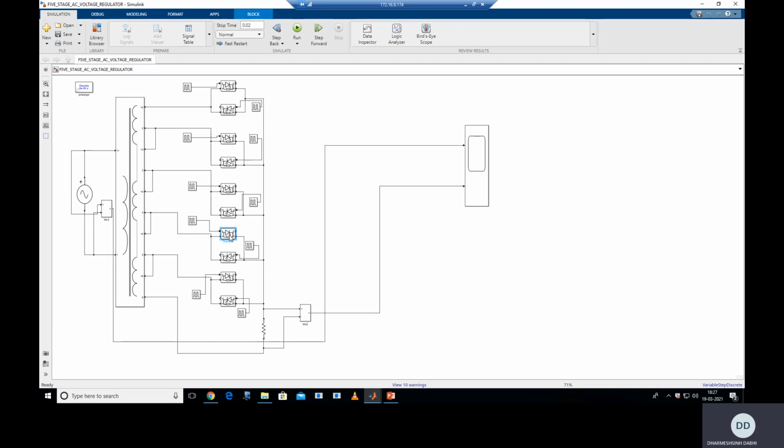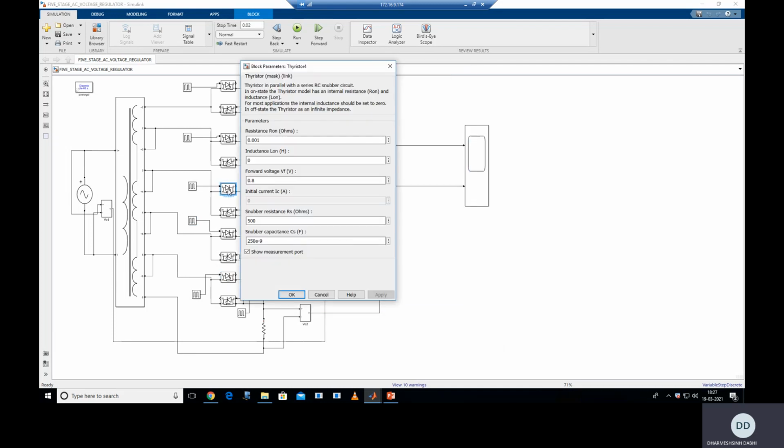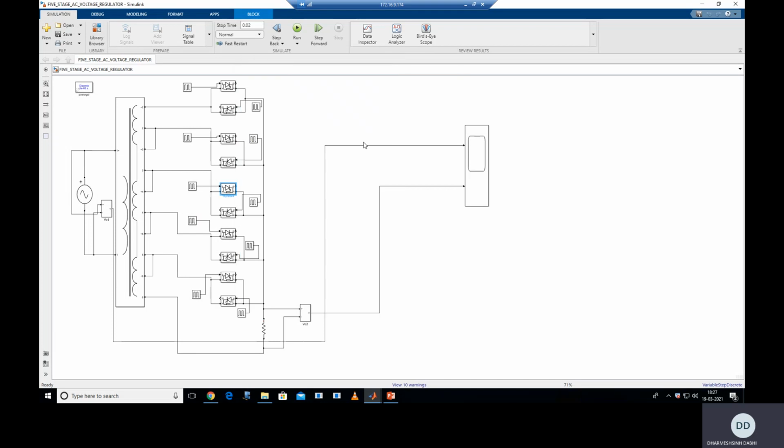But when the second thyristor turns on, the first thyristor turns off because the secondary winding voltage comes reversely across it. So when you turn on this thyristor at 20 degree, the previous thyristor becomes turned off. Same way, when you turn on the next thyristor, the previous one becomes off.